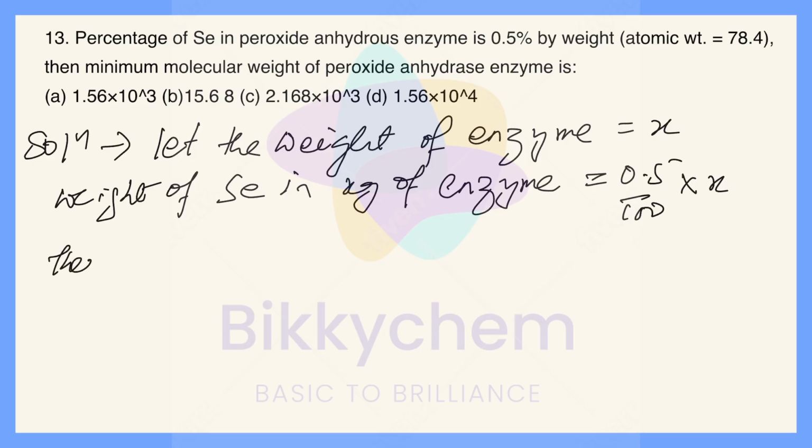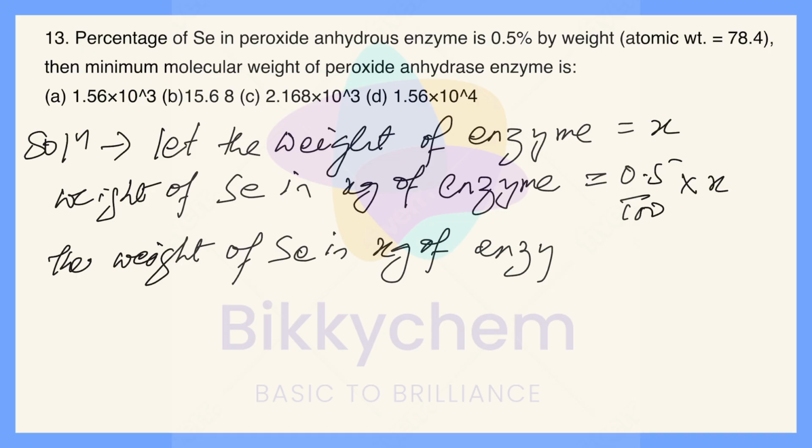So then the weight of SE in x gram of enzyme equals to 78.4, which is also given here. Now to find out the value of x, 0.5 by 100 x, it equals to 78.4.